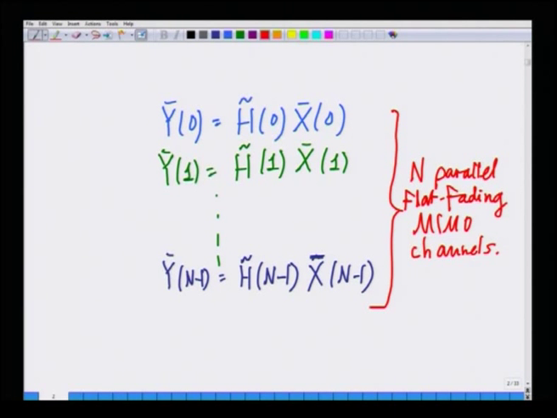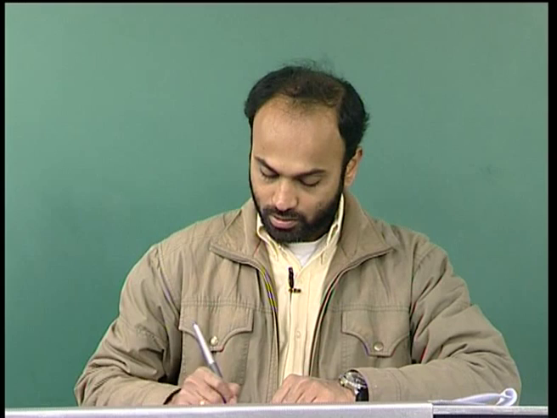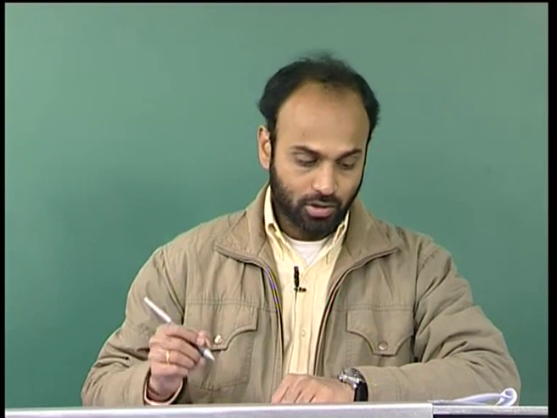And now what we can see is each y bar can be simply processed by the MIMO techniques that we had seen earlier, which was the MIMO zero forcing receiver or the MIMO MMSE receiver. Let us just complete that discussion.